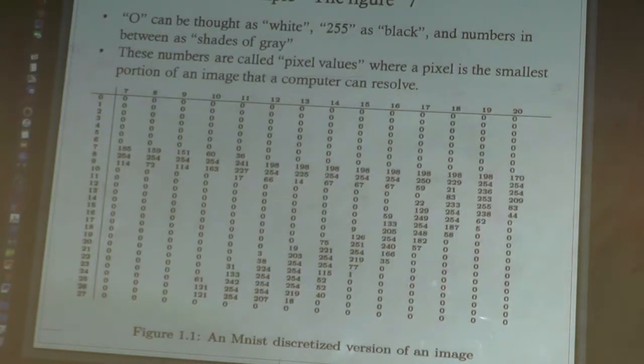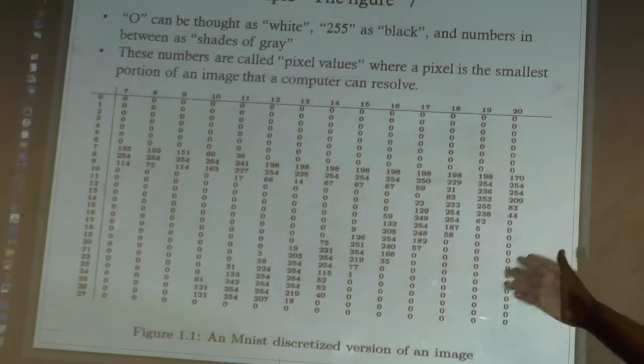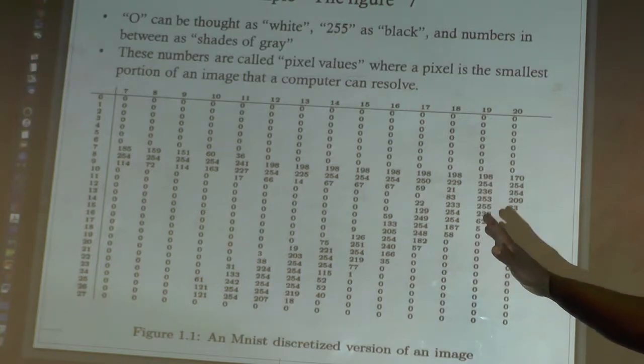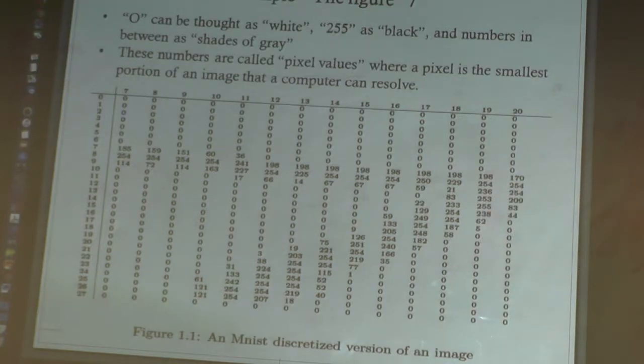Even if you pick up an X-ray, when the X-ray is converted to digital representation, that's what you have. 0 to 255. I'm calling it pixel. 0 is where there's nothing. 255 is where there's definitely something. In between, there's something.